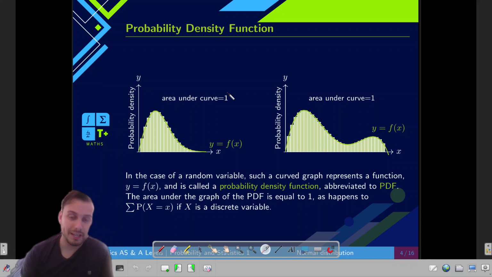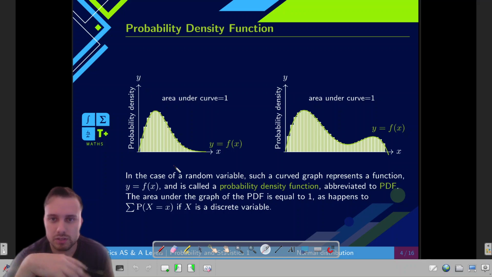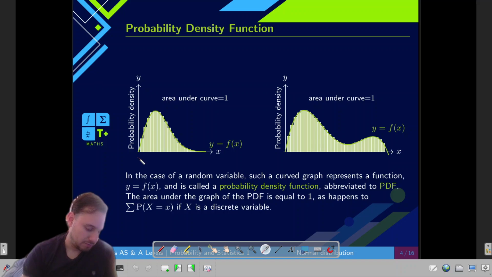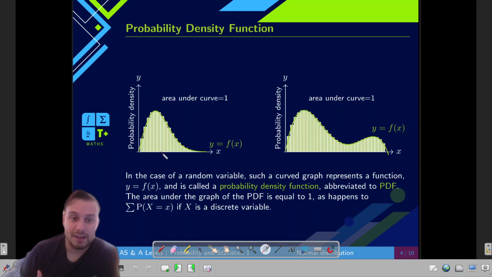Essentially, we're taking all of the probabilities for all of the values in between. Imagine that, considering the bus, we could have from 0 to 1 minute, from 1 to 2 minutes, and so on. We could consider all the possible values, and that area will be telling us about the probability.